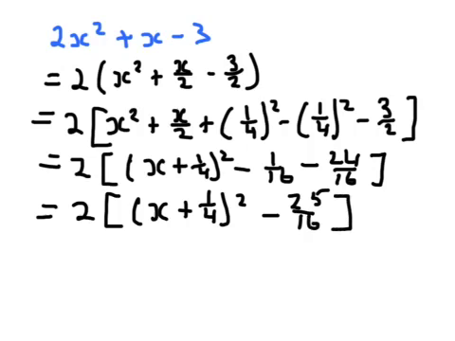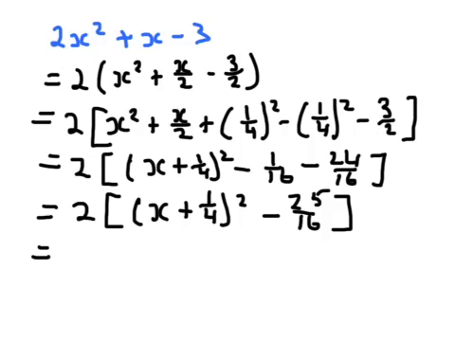Okay, so now we're ready to deal with our expression as a difference of two squares. So a squared is (x plus a quarter) all squared, and b squared is 25 on 16. We want a, so it's x plus a quarter, and we want b. Now the thing about b is that it's the square root of b squared, so we take the square root of 25 and put it over the square root of 16.